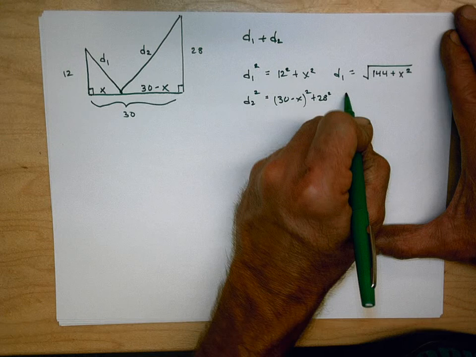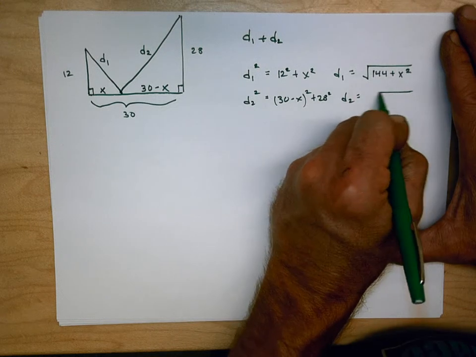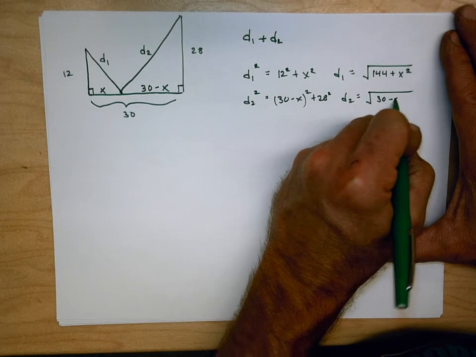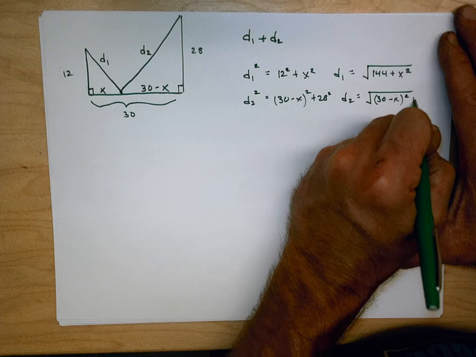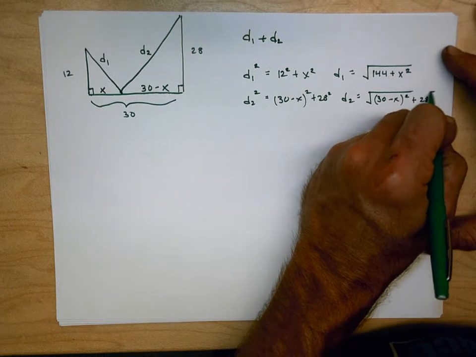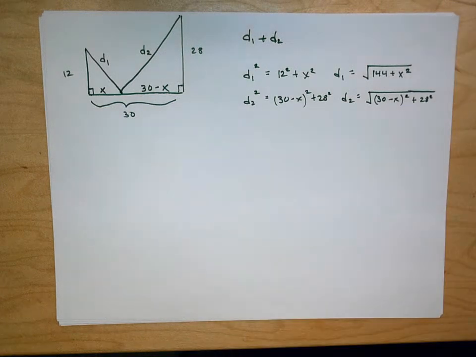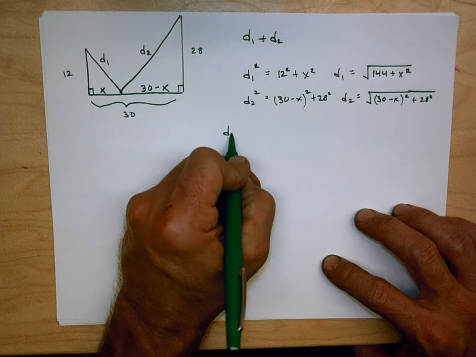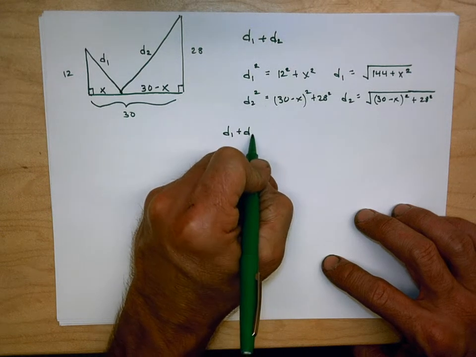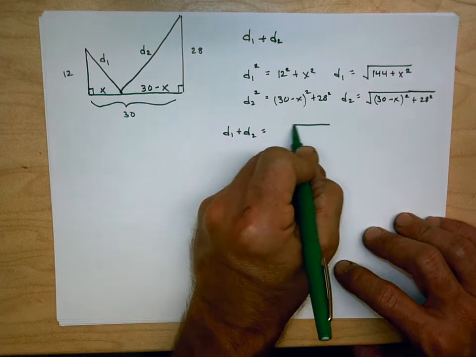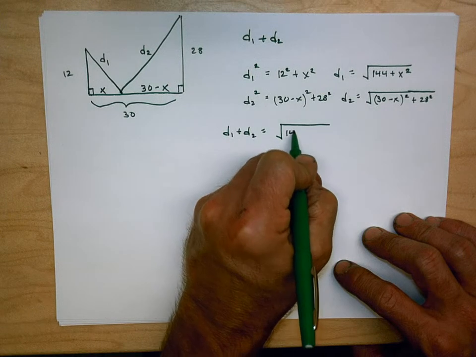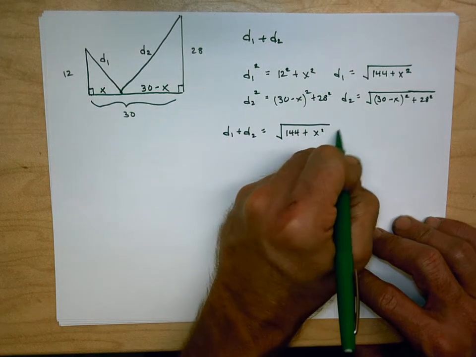So D2 equals the square root of (30 minus x) squared plus 28 squared. Okay, so we want to minimize D1 plus D2, which is this plus this.